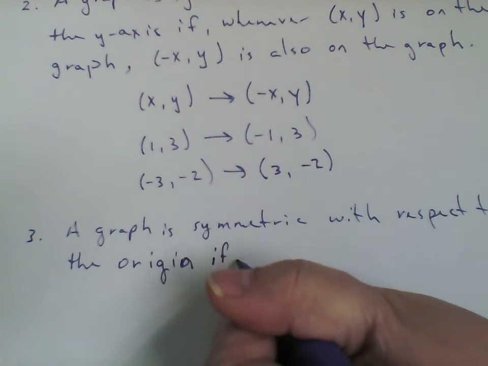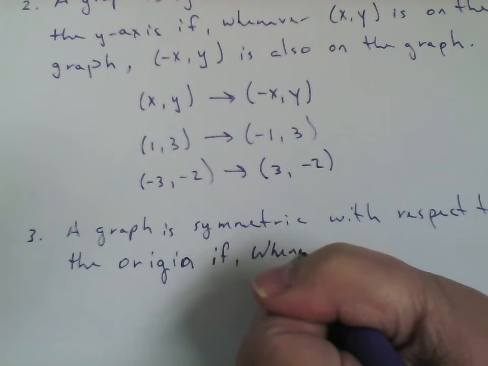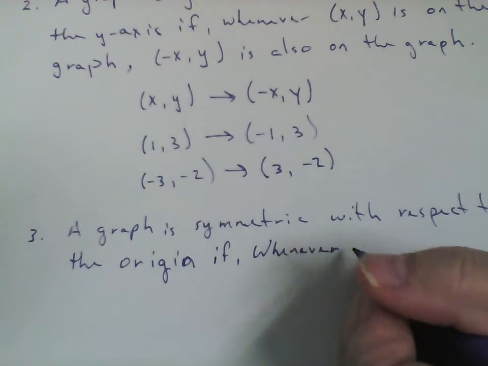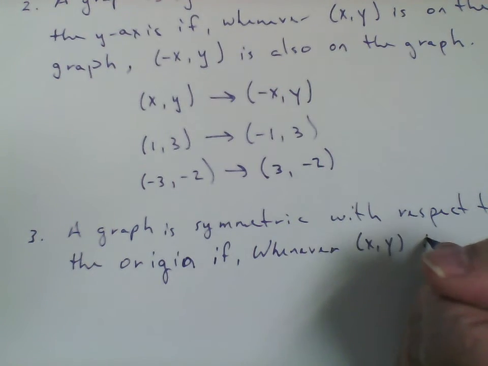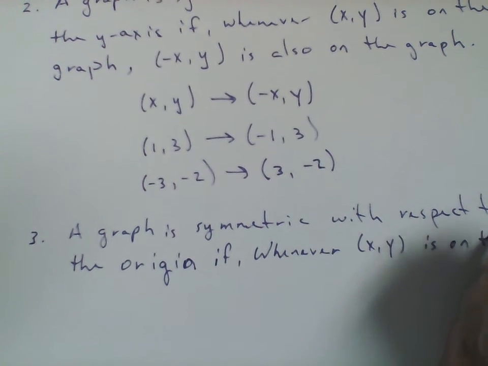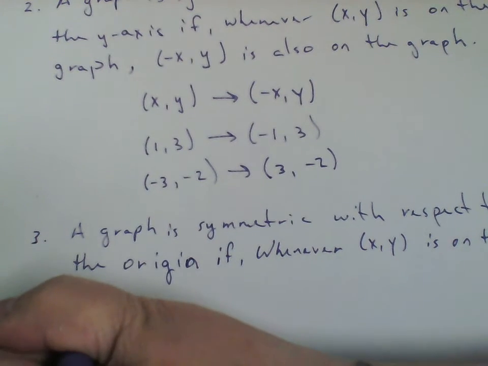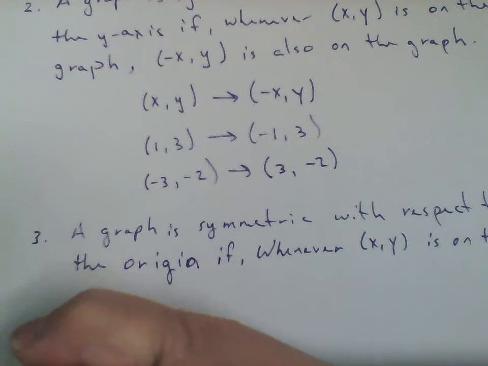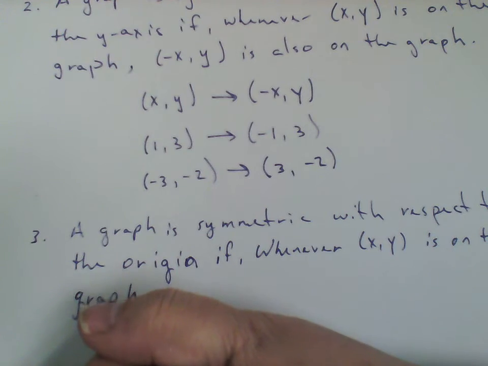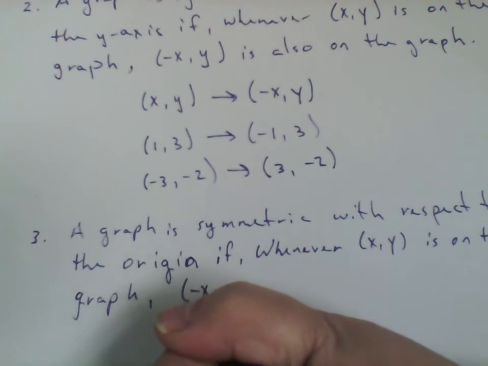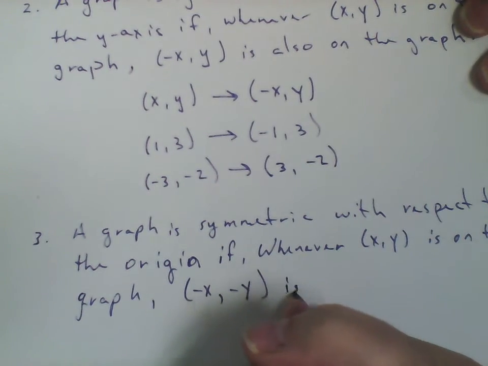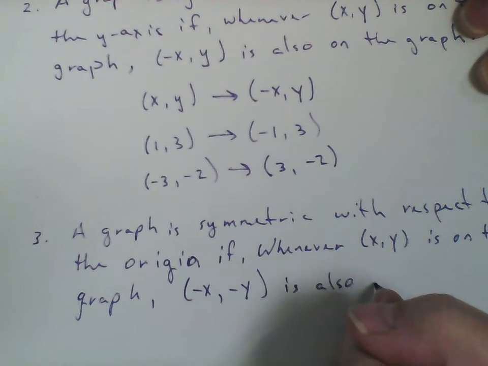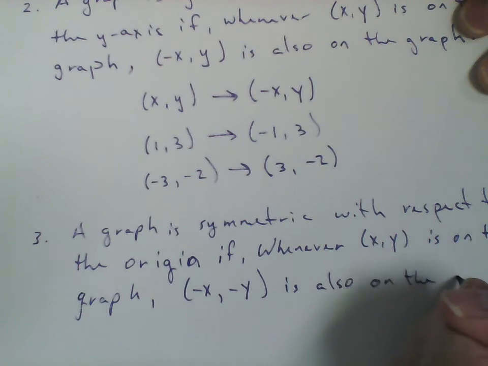If, whenever xy is on the graph, -x, -y is also on the graph, right?